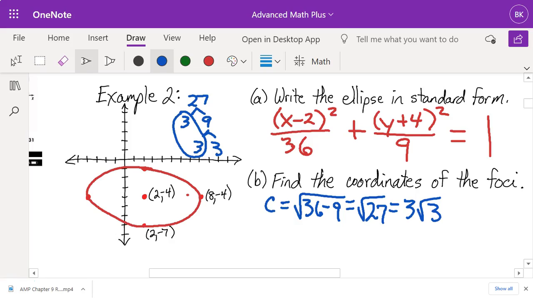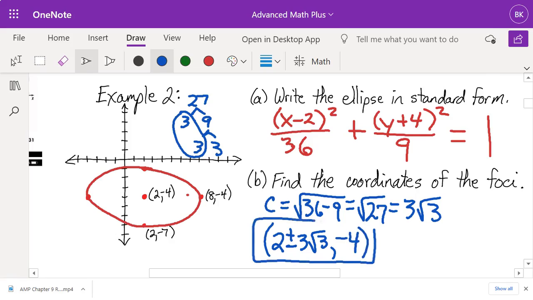Okay? So here are my coordinates. What is the X part of the center? 2. So I'm going to say 2 plus or minus 3 square root of 3, comma, what was my Y? Negative 4. And that's it? That is it. Just leave it.